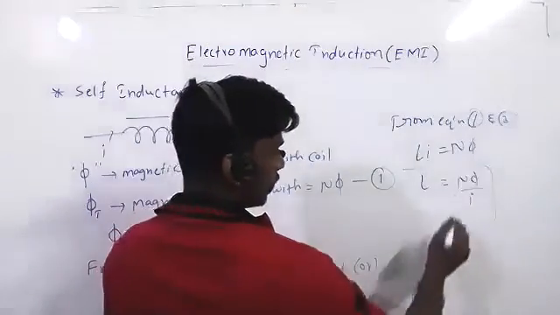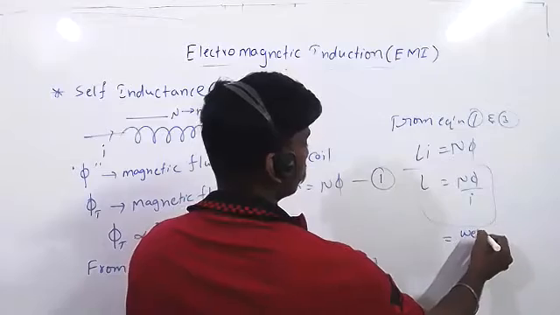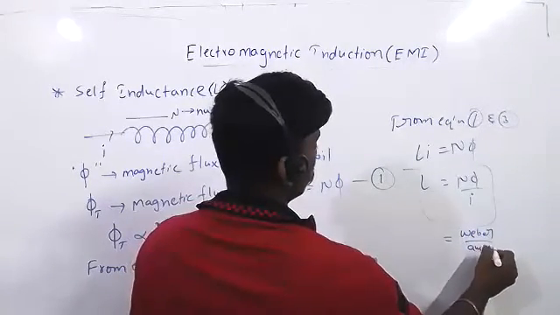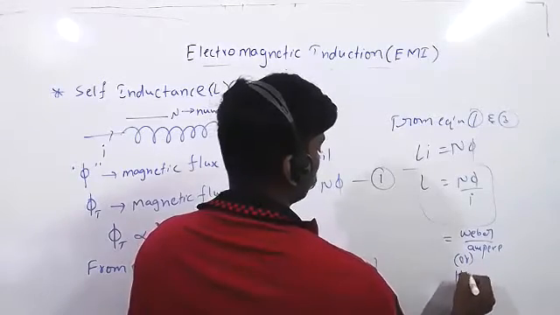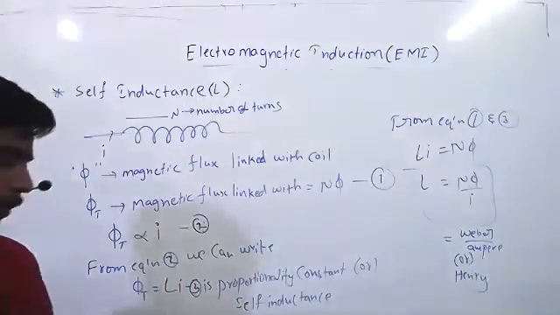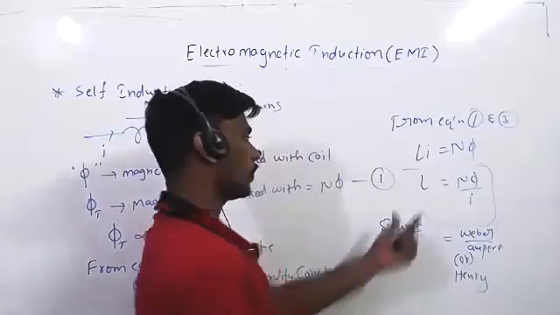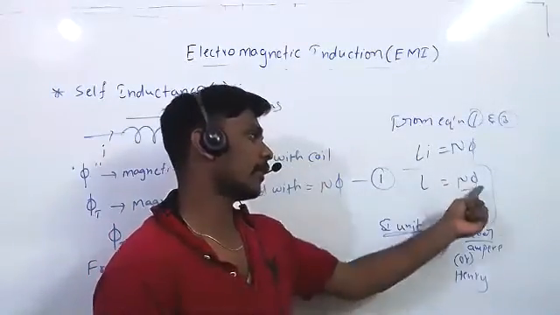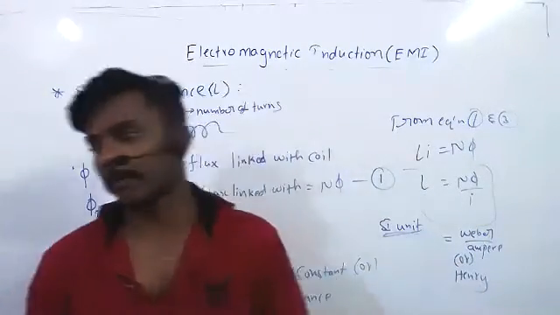Here N is a number, phi is flux in Weber, and current is in ampere. The SI unit of self-inductance L is Henry. N is a number, so it has no unit. Flux is in Weber and current in ampere, so Weber per ampere is also called Henry.